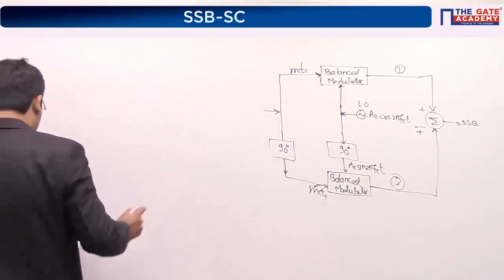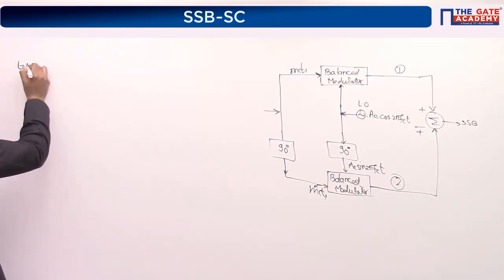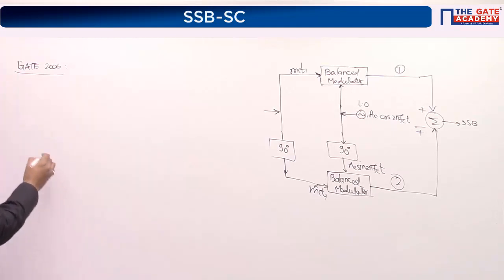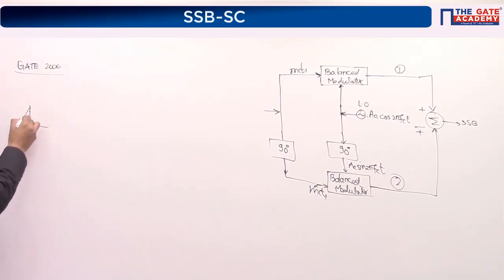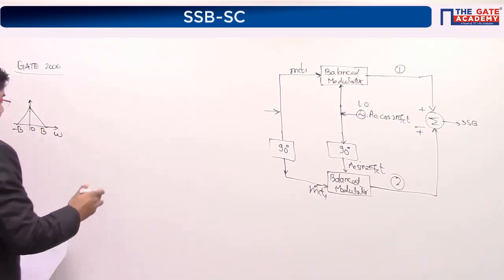This is exactly based on this block diagram. It was asked in GATE 2006. So the question is, you have a message signal which looks like this, from minus B to B. So the spectrum is something like this, in the omega domain.